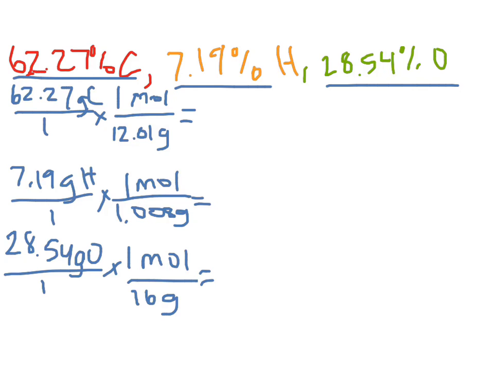Now we have to do the math. So we got 62.27 divided by 12.01, which gives you 5.18484. In this case, you want to write out as many decimal places as you possibly can, because you're not entirely sure if another element's moles is going to have a close number.